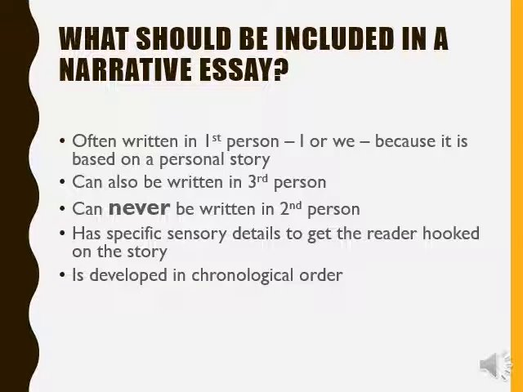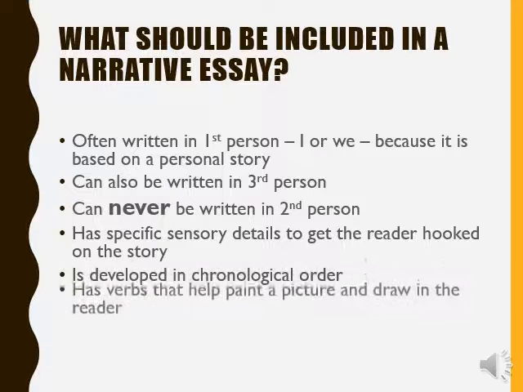Narrative essays also contain specific sensory details because the author usually shows his feelings to the readers. Added to that, it is developed in chronological order. It means the events in the story are organized in chronological order, in the order from the beginning to the middle to the end.